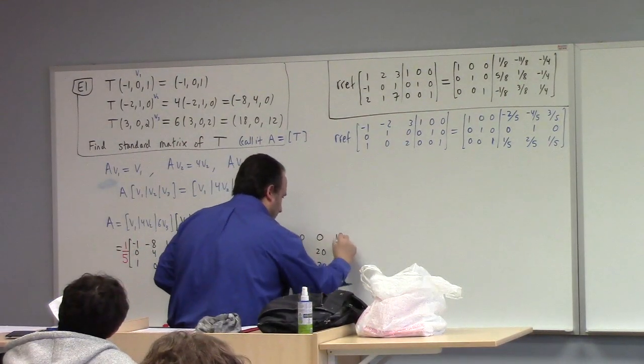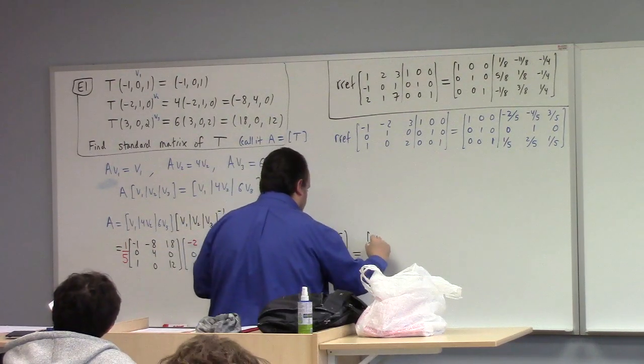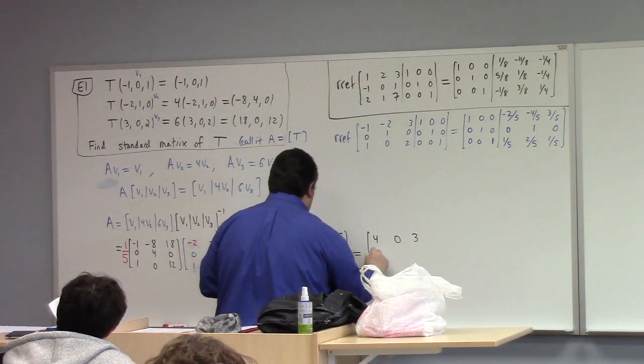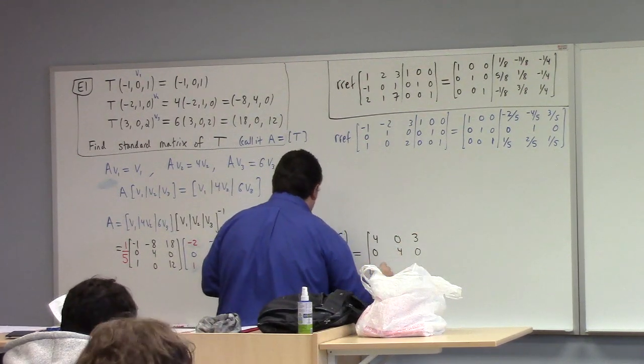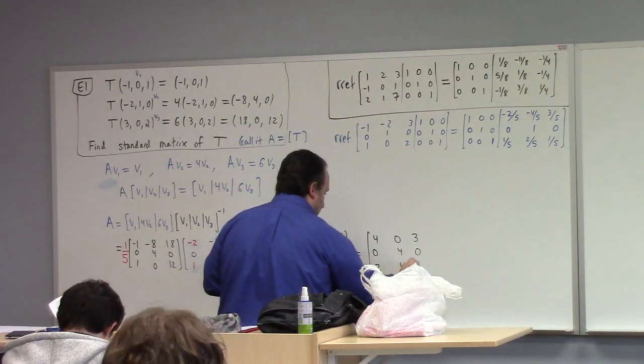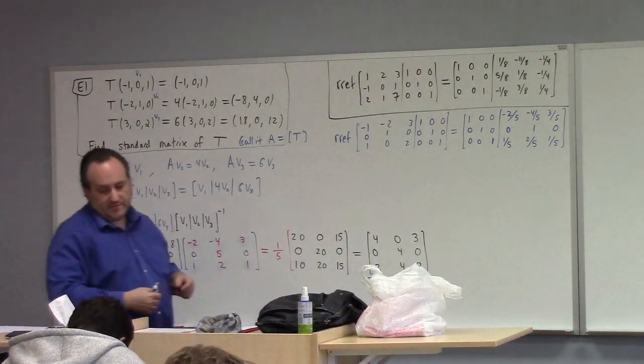Well, that's cool. So apparently the matrix we're looking for is 4, 0, 3, 0, 4, 0, 2, 4, 3. There you go. That is the matrix, right?